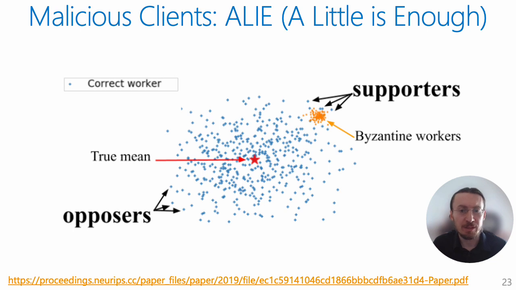By crafting clients between the mean and the supporters, the adversary makes the malicious clients closer to the mean than the opposers on the other side of this red star. This makes most defenses against malicious clients remove the non-malicious opposer workers, while choosing the malicious workers and retaining them in the protocol. So this ensures that these Byzantine workers, these malicious workers, can shift the mean of the final weights.